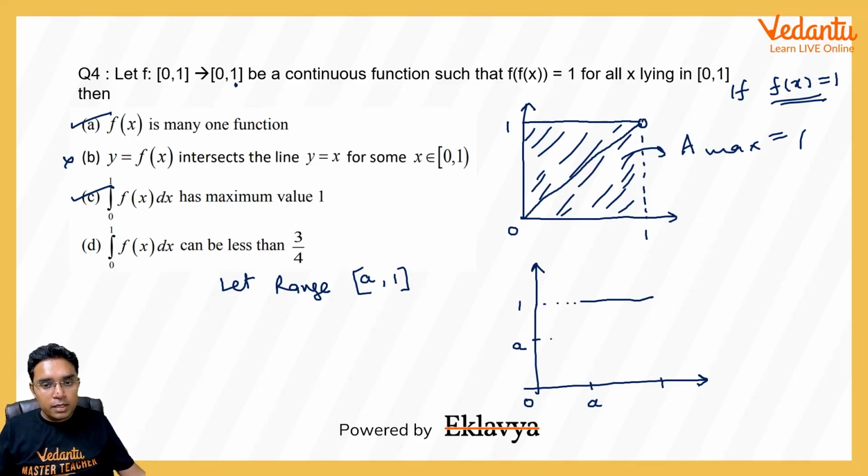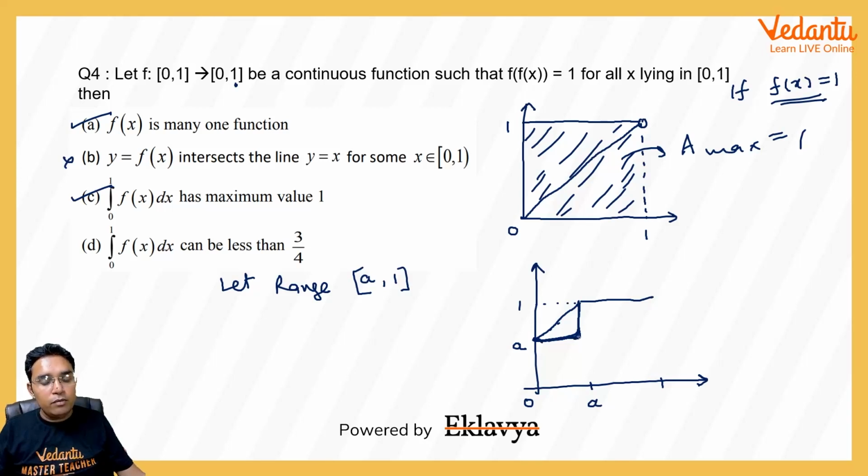But if I want this area to be minimum possible, there can be multiple ways to draw this graph. One of the possible ways can be this, but in order to have minimum possible area, I think my graph should go like this. From a, this point here, to this point here, it should go vertically or horizontally, and then after this it should go almost vertically.